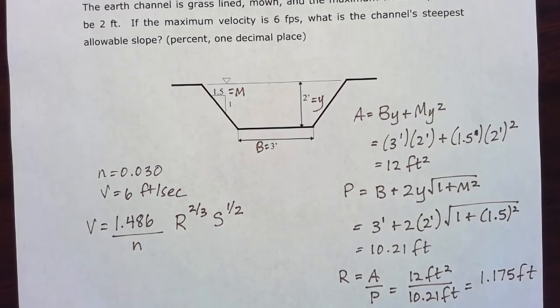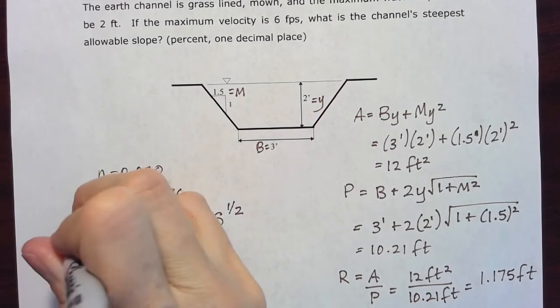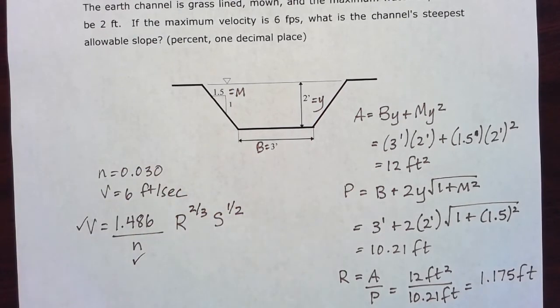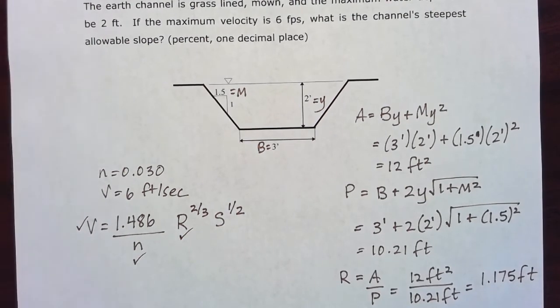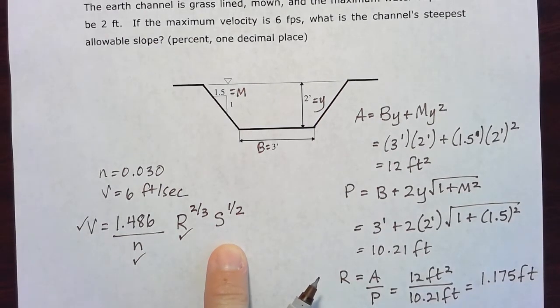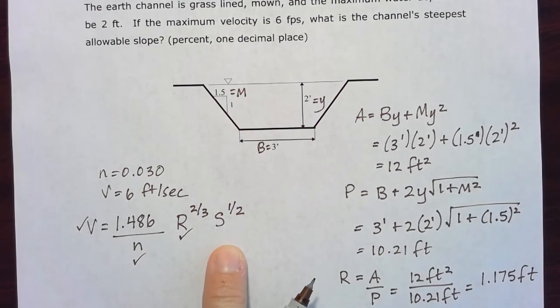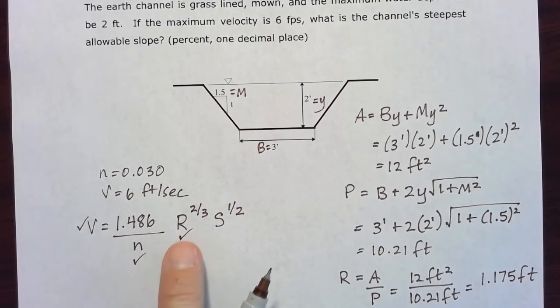So now we're ready to substitute into the equation. We know velocity, we know Manning's number n, we know hydraulic radius, and we're looking for slope. Always a good idea to solve algebraically first, but nobody ever seems to want to do that. So I'll go ahead and plug numbers in. That'll work out okay for us too this time. One thing about putting units into this equation is that because of our conversion factor and our exponents, it gets kind of crazy.